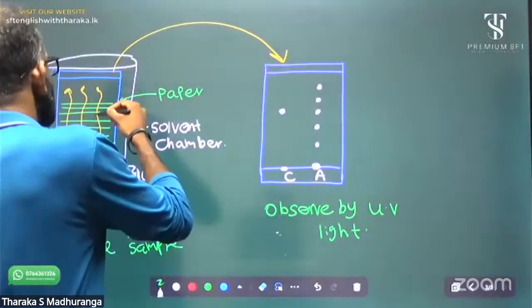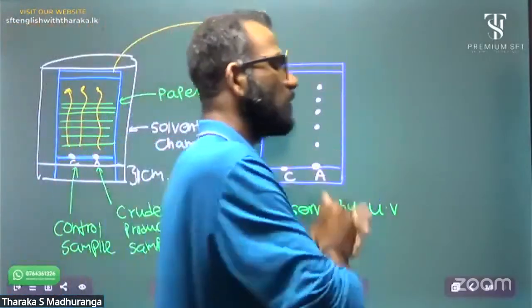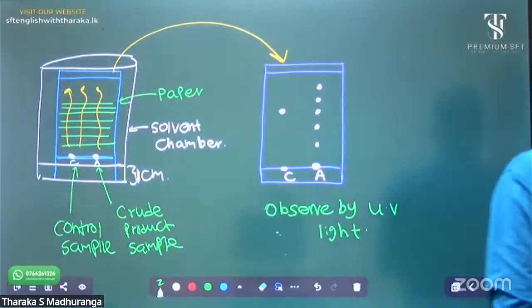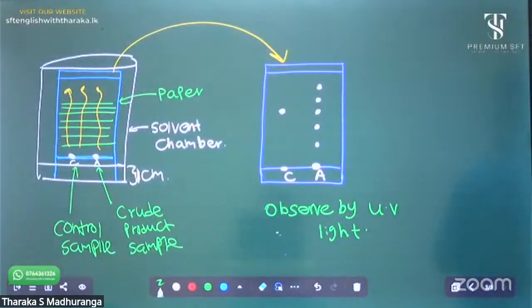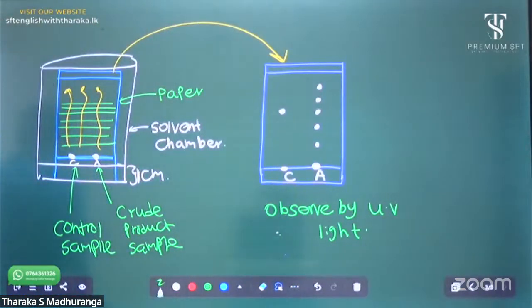Then when the solvent level reaches the solvent front line, we can take it outside and observe it with visualizing agents. Make a short note.